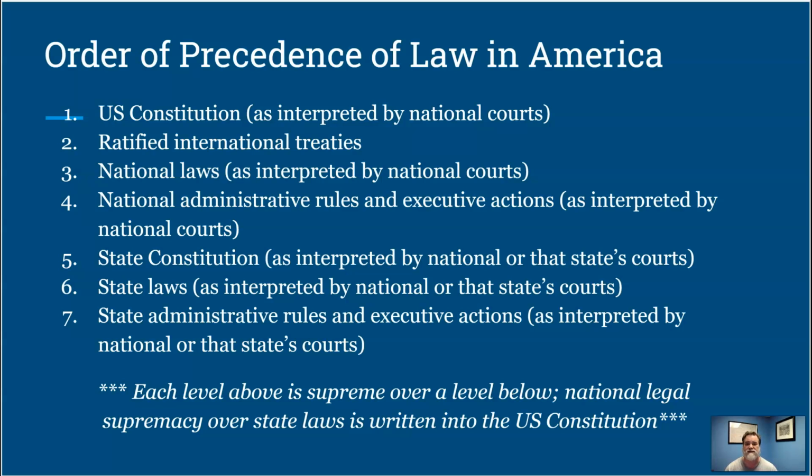State constitution trumps state laws, and at the bottom of the pile would be state administrative rules and executive actions as interpreted by the court system. One more example: a national law would trump a state law if the two were in conflict, and would supersede it.